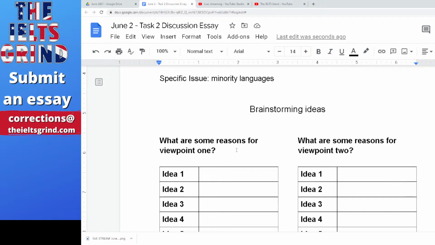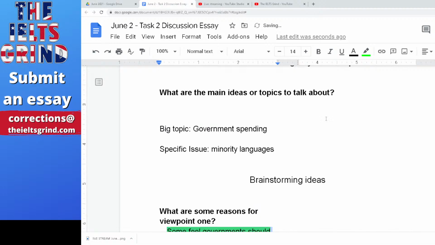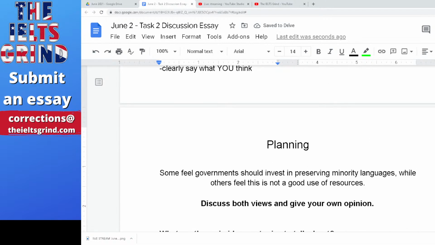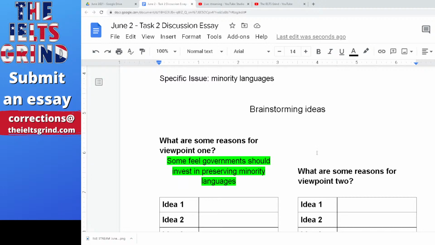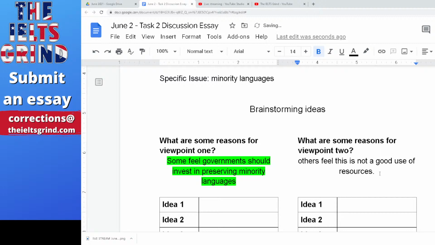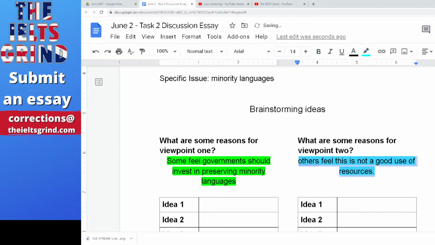This is the first viewpoint. Let's put that in green. And the others feel that it's not a good use of the resources. So let's get the column back up, and this is the other point of view. Let's put that in blue for now.